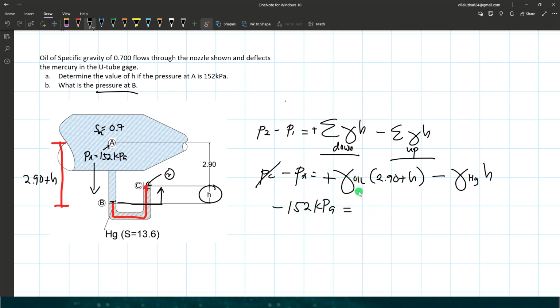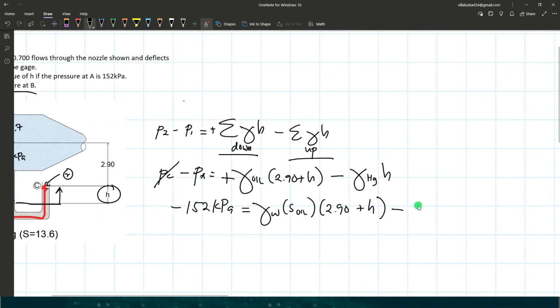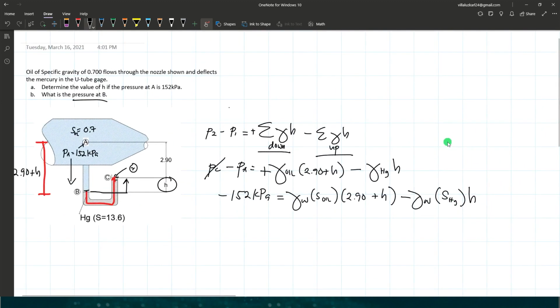The unit weight of oil is the product of the unit weight of water times the specific gravity of oil, which is 0.7, multiplied by 2.9 plus H, minus the unit weight of mercury, with specific gravity of 13.6, times H. So substitute now the other given.